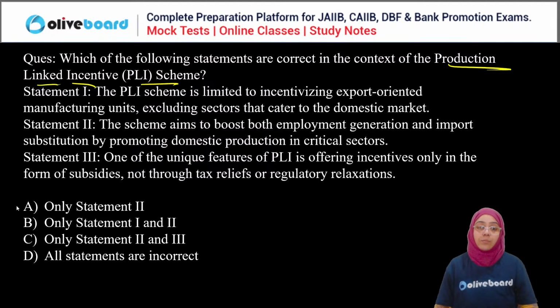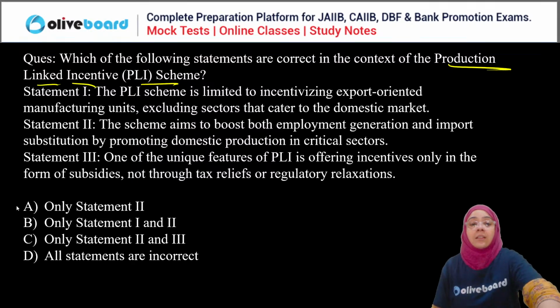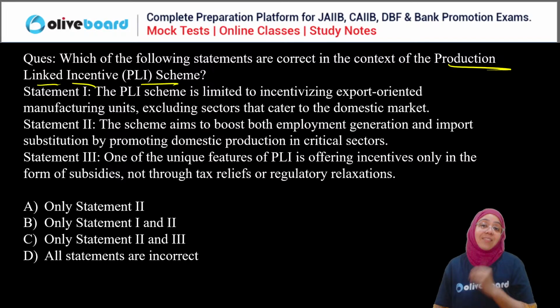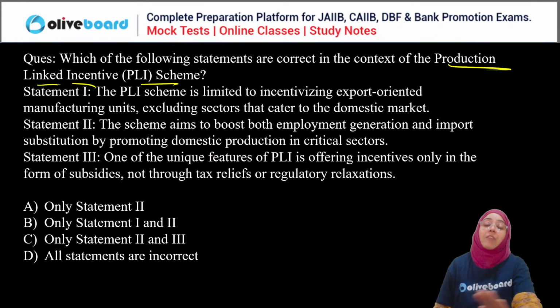Production linked incentive scheme. That is not good. You all have said wrong answers. First statement, just read the question carefully. Don't miss the words hidden in the statement, and those words are very important for answering correctly.